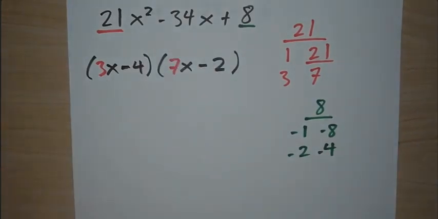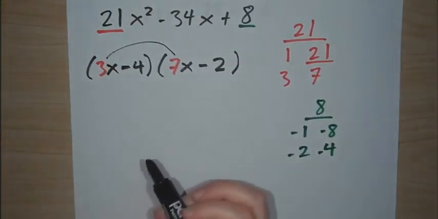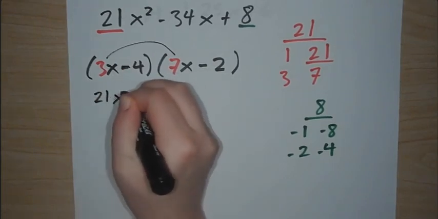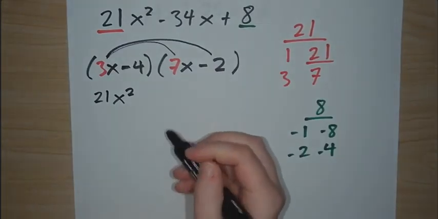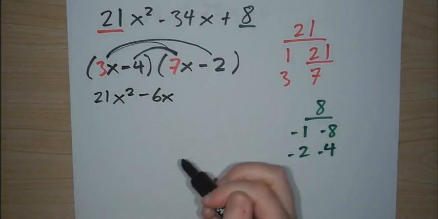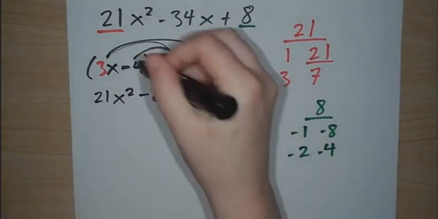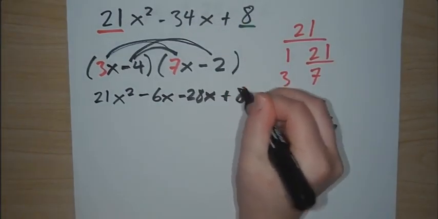So just to prove it to you, if we do the distribution, 3x times 7x is 21x squared, and then 3x times negative 2 is negative 6x, and negative 4 times 7x is negative 28x, and negative 4 times negative 2 is positive 8.